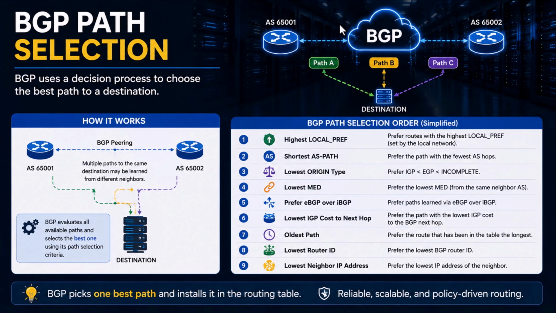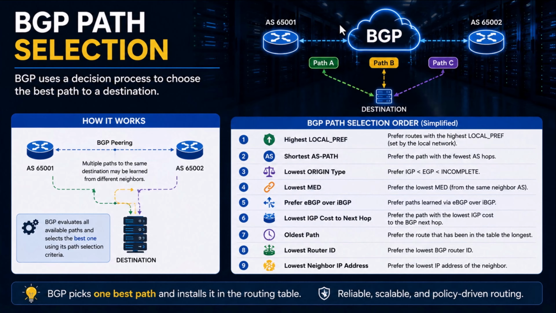Then BGP may look at the AS-path. In general, a shorter AS path is preferred. Other attributes can also influence the decision, such as origin, MED, whether the path was learned through eBGP or iBGP, and the IGP cost to reach the BGP next hop.